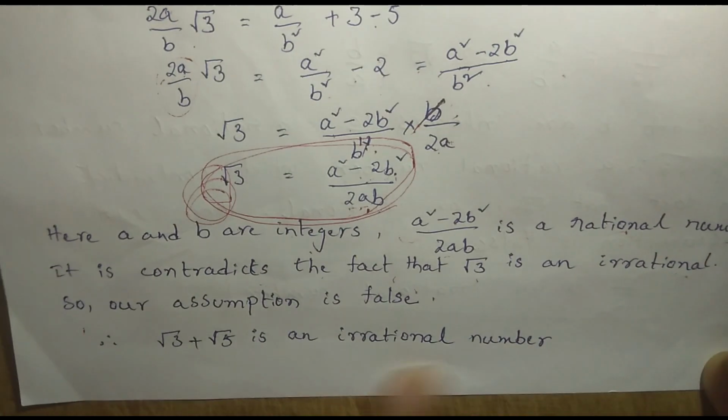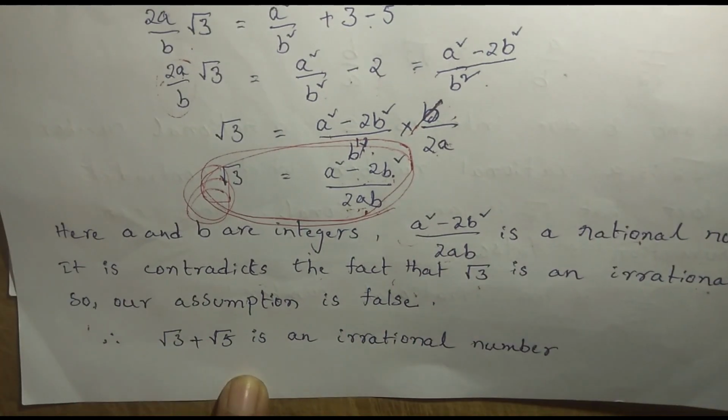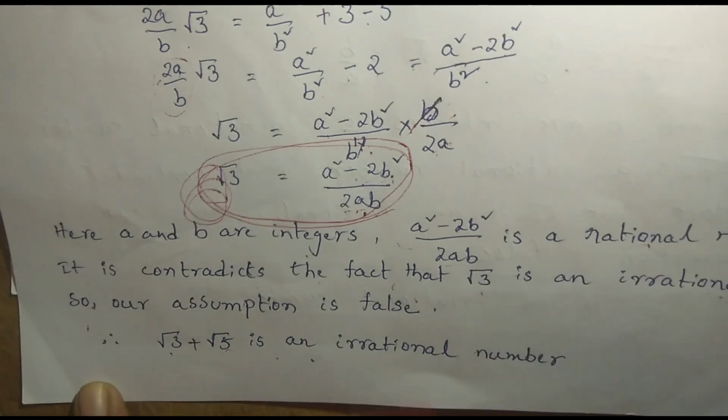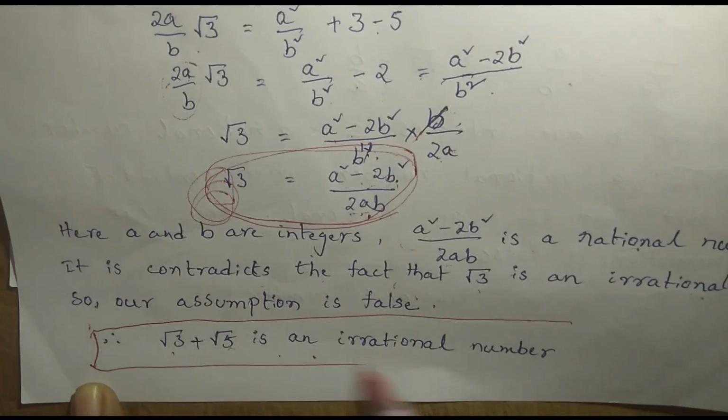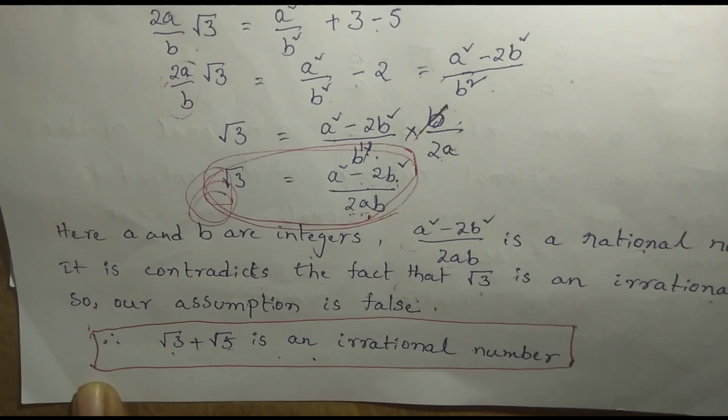So our assumption is false. What was our assumption? √3 plus √5 is rational. So we proved that √3 plus √5 is an irrational number.